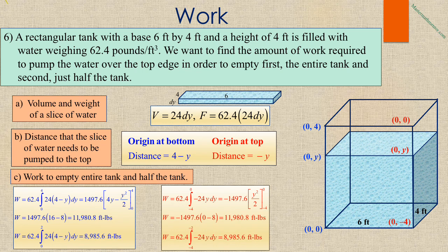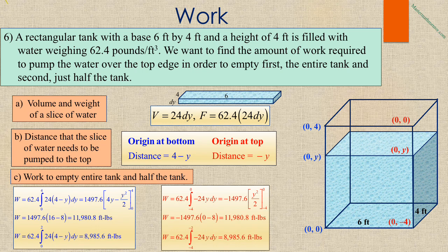And this gives negative 1,497.6 times y squared over 2, evaluated from negative 4 to 0. Doing the math, we get exactly the same answer, 11,980.8 foot-pounds.